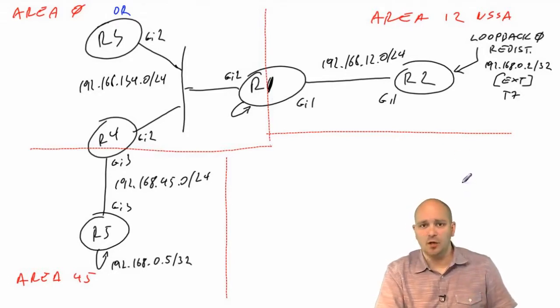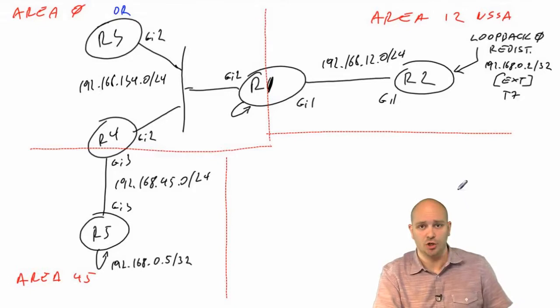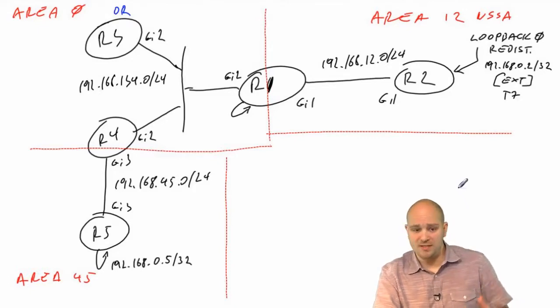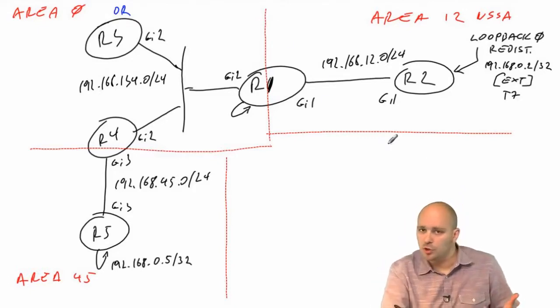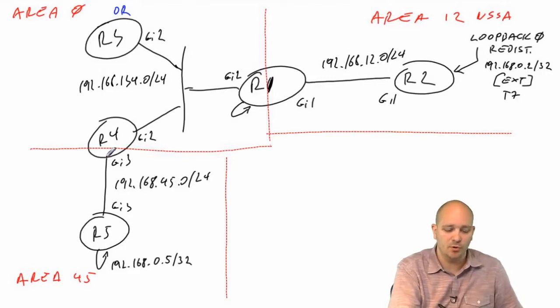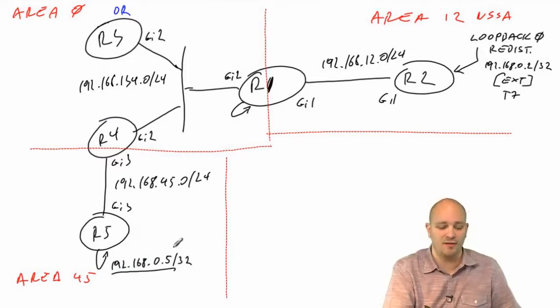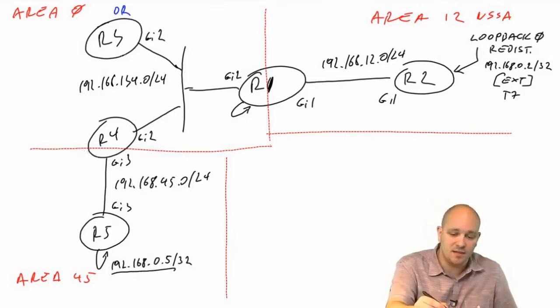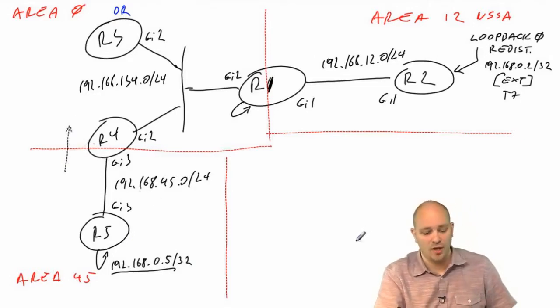But first, let's take a look at the summarization of internal routes. One place where we can start, or the most logical place where we can start exploring this, would be on R4. So let's summarize this 192.168.0.5 loopback as it is being advertised from area 45 into area 0.